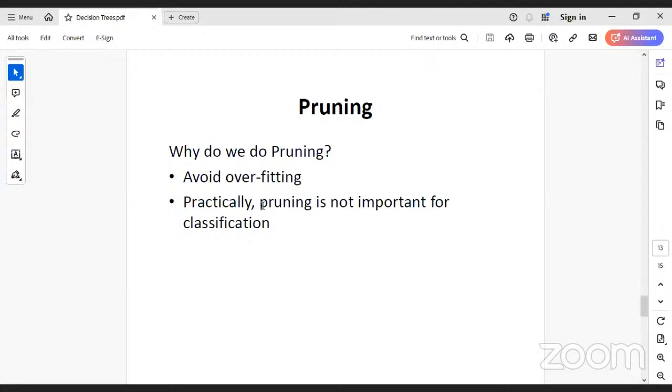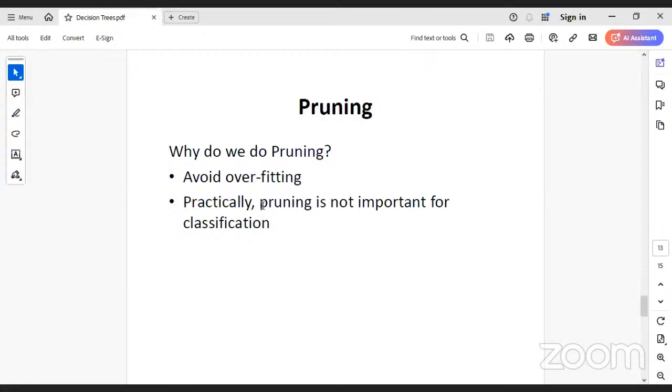In layman's terms we say the gardener is cutting the tree, but in technical terms in a decision tree we call it pruning. So pruning means the unnecessarily grown part of a decision tree is cut. What is that unnecessarily growing part of a tree? And why should we cut it?